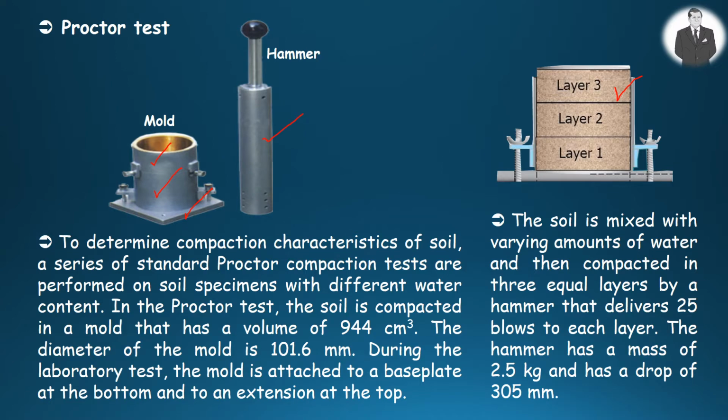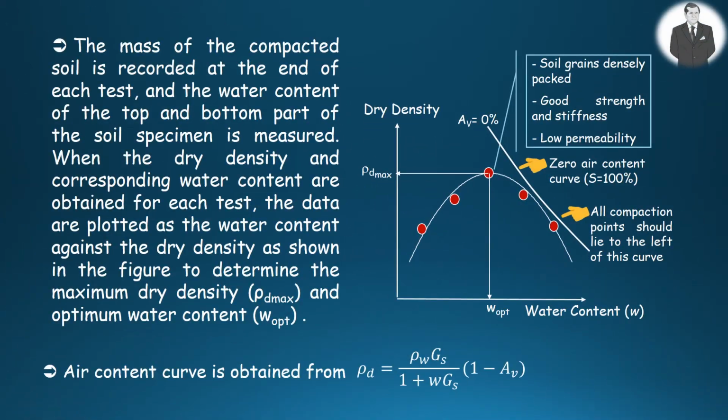The hammer has a mass of 2.5 kilograms falling freely from a height of 300 millimeter. The mass of the compacted soil is recorded at the end of each test, and the water content of the top and bottom part of the soil specimen is measured.